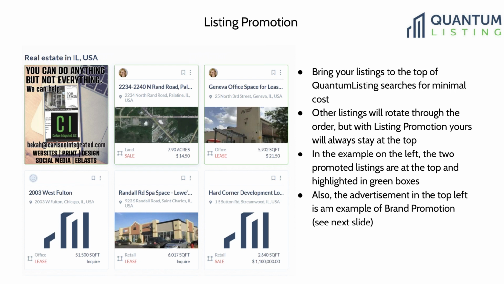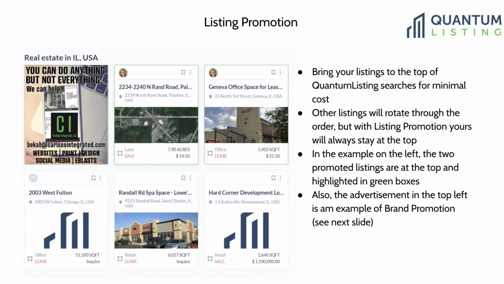All the other listings rotate through the order. Oh, wait, we're talking about listing promotion here, not brand promotion. All right, I'm so confused. So in this case, listing promotion is similar to brand promotion. The listings show up at the top of the search next to the brand promotion message.